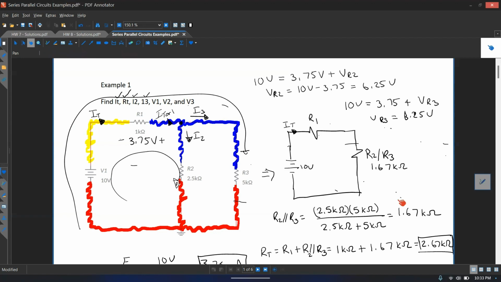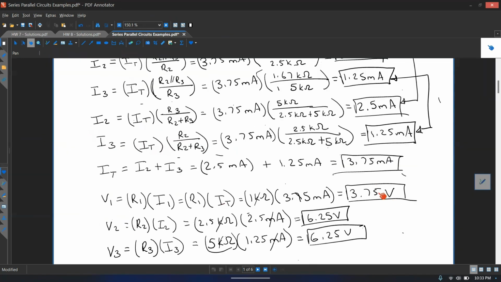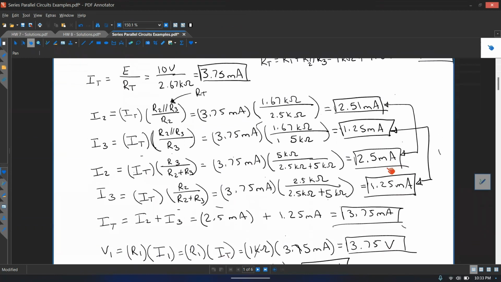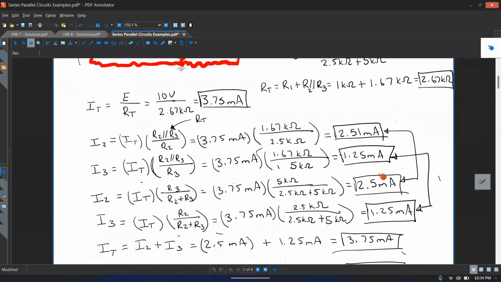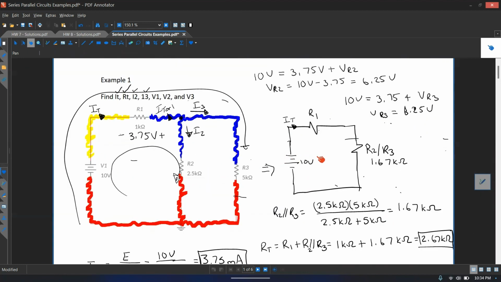All right, so hopefully this example right here was worth it. Keep in mind that you don't have to perform all the little steps that I did. One thing I would recommend is to redraw the circuit each time you combine series or parallel resistors together. That way you're breaking the circuit down one by one.